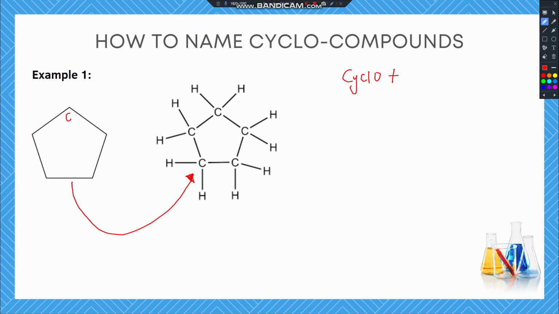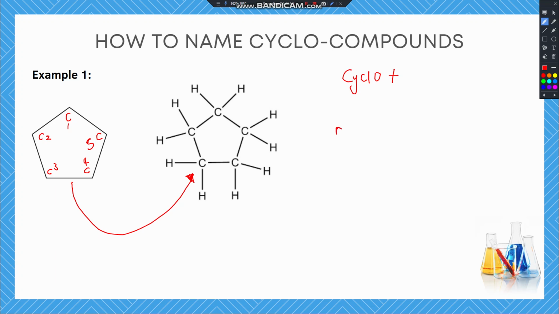We have one carbon atom here, another one here, another one here, another one here, and one other one here. Let's count the number of carbon atoms. 1, 2, 3, 4, 5. Since we do not have any branch, we can start from any point, since it is a cyclo compound.